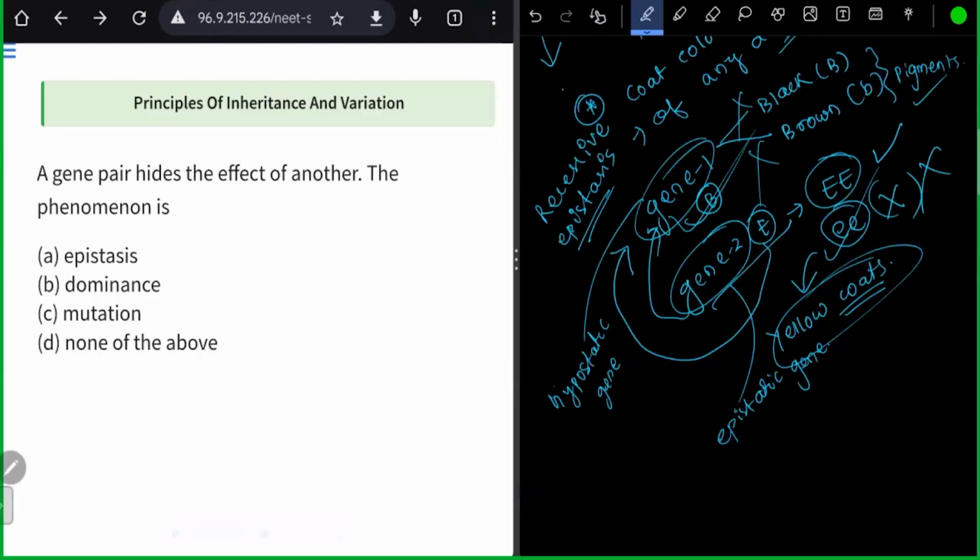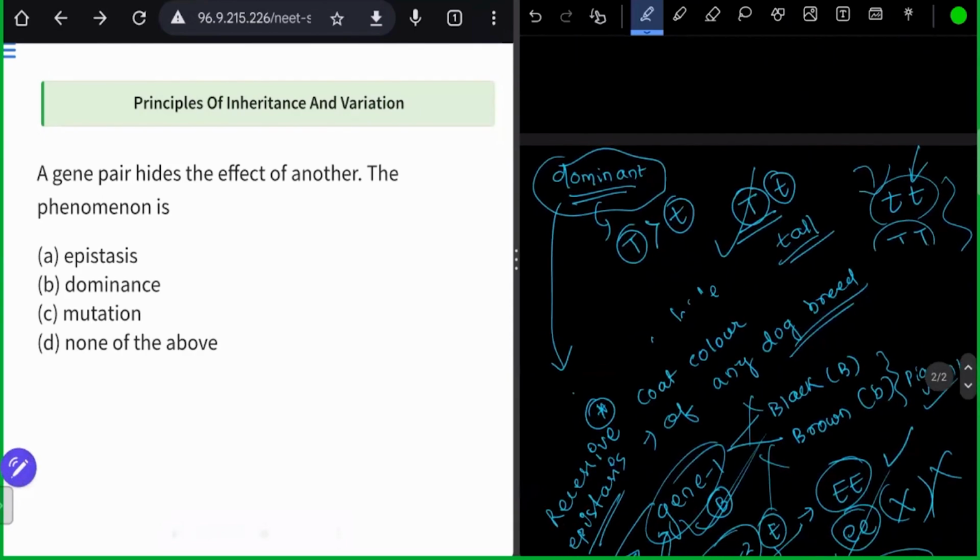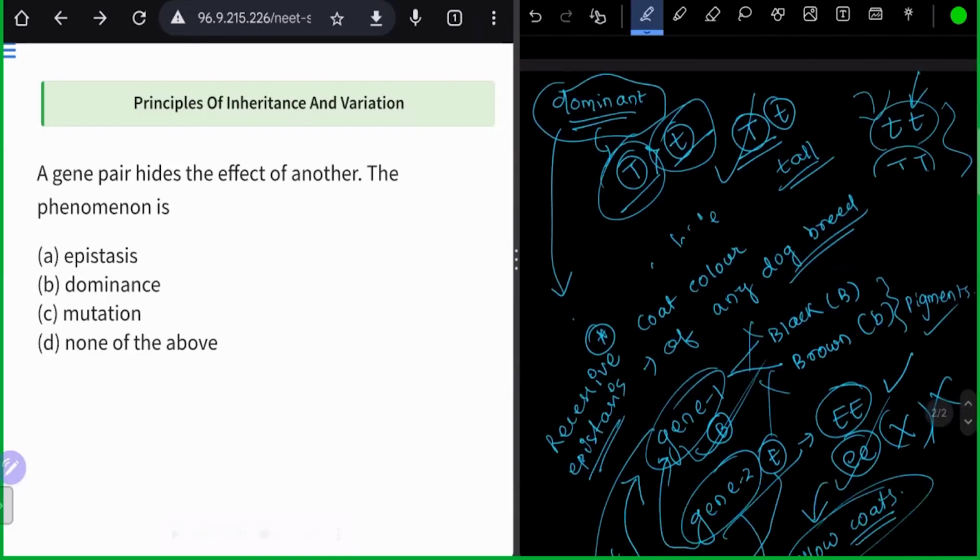So now you will ask how it is different from dominance. I already told you that dominance occurs between two alleles, but epistasis involves the interaction between two genes. What are the genes?